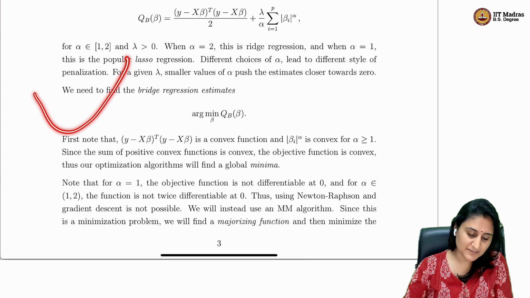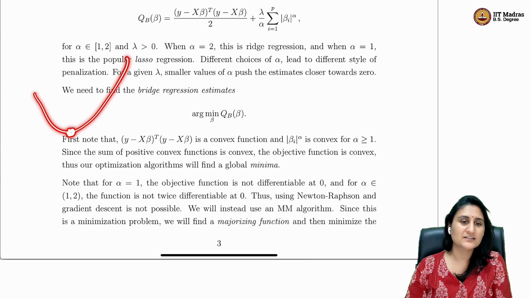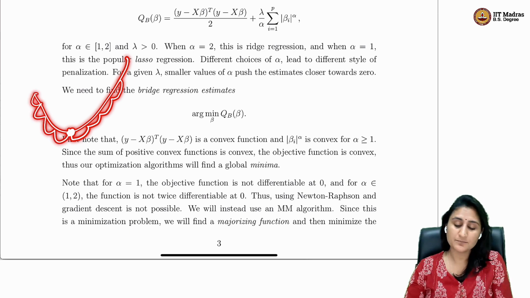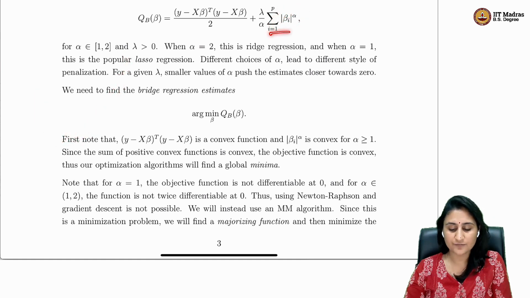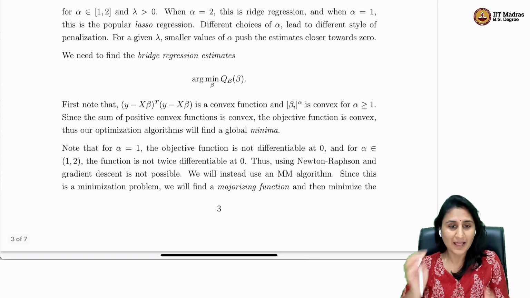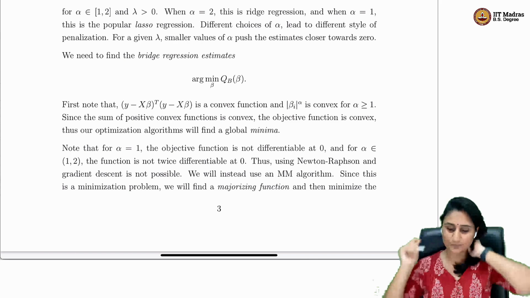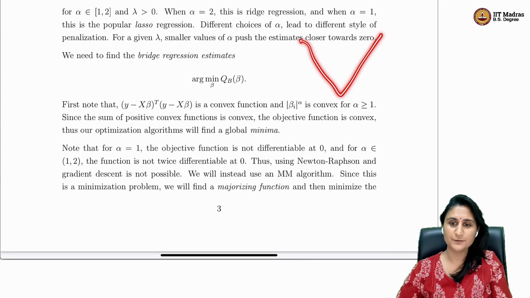Again, this is a minimization problem. So it looks something like this, and we would expect something like Newton-Raphson to converge to this minimum, except we can't implement Newton-Raphson because my objective function has this non-differentiable part. For alpha equal to 1, the objective function is not differentiable at 0, because of the absolute value.